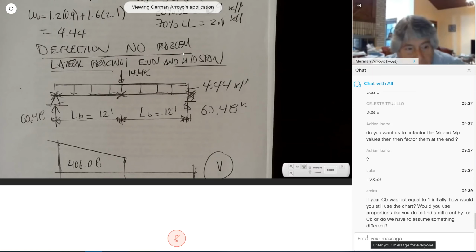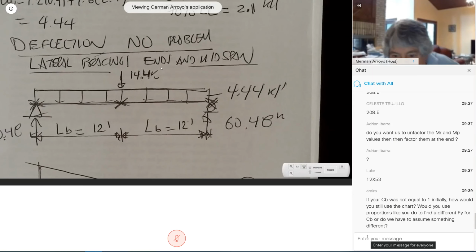But read the problem. Lateral bracing at ends and mid-span. So still we had a simply supported beam. And now we had a lateral brace, the compression flange is supported at the ends and mid-span.